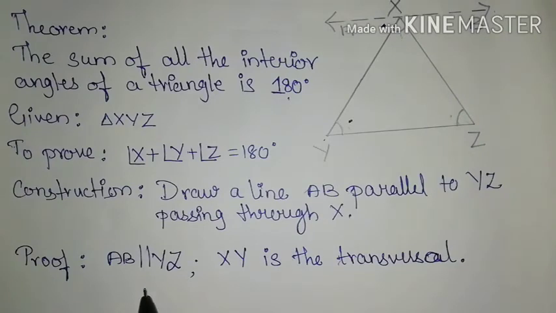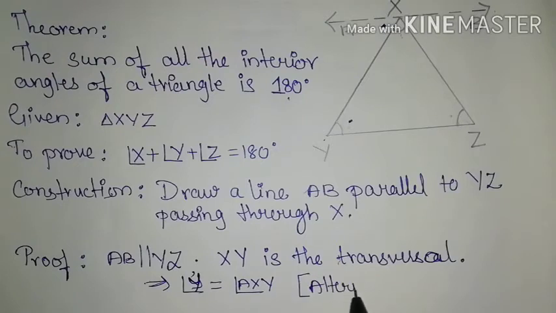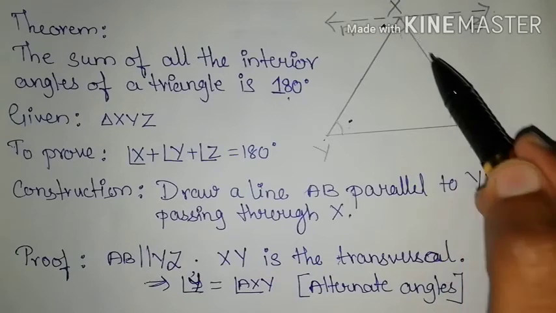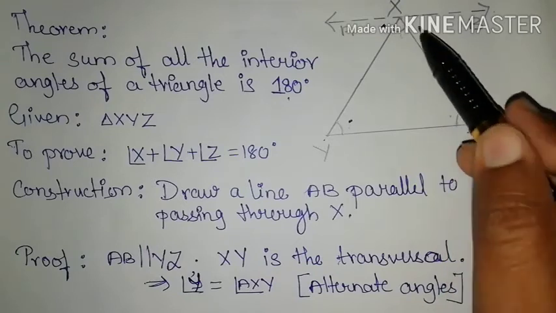So let us write it down. This implies angle Y is equal to angle AXY because they are alternate angles. Similarly, AB is parallel to YZ and XZ is the transversal.